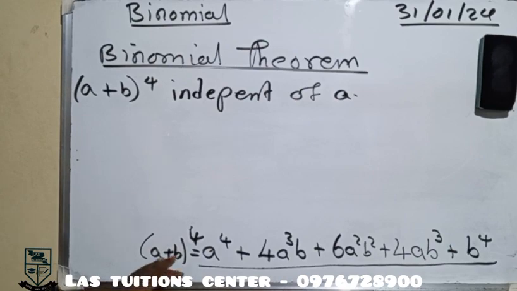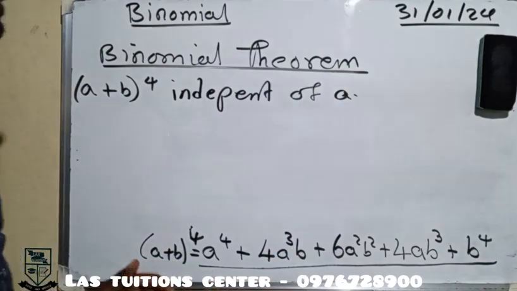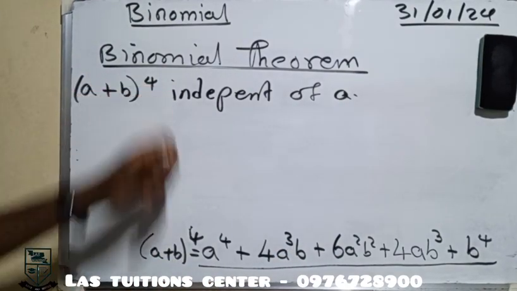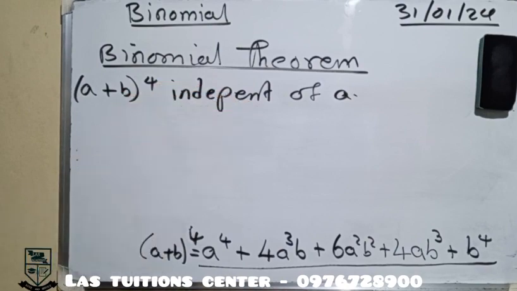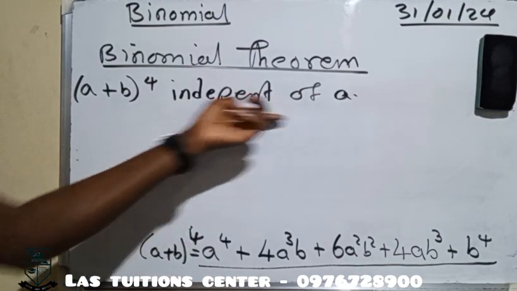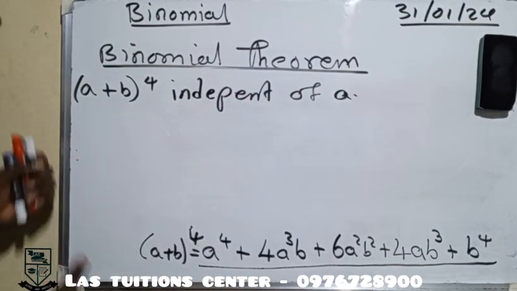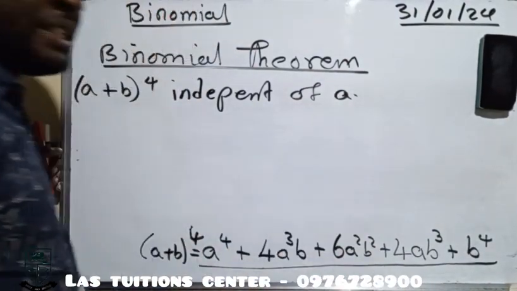Here, since we have a plus b, there is no x here, we only have a and b throughout. So now, a plus b to the power 4, and then you're asked to find the term which is independent of a. What this statement means is you're supposed to find the term in this expansion which doesn't have an a.